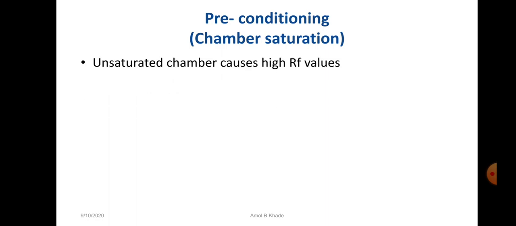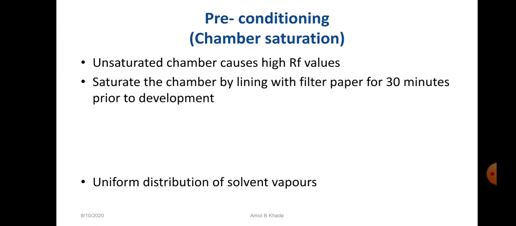Now what is preconditioning or the chamber saturation? Chamber saturation is another important step, even in the case of HPTLC, like TLC. We need to saturate our chamber with the solvent system vapors, so that the migration of the solvent will be uniform over the surface of the stationary phase, and it will also lead to a better separation of our spots.